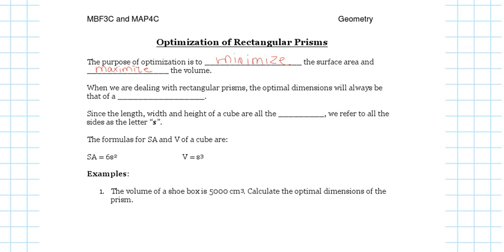Now, in real life scenarios, if you're trying to make a pizza box and you want to optimize a pizza box, guess what? If you make the pizza box as a cube, it's probably not going to fit your pizza properly, number one. In real life, sometimes we have to be cautious of the shape that I'm trying to fit in that box.